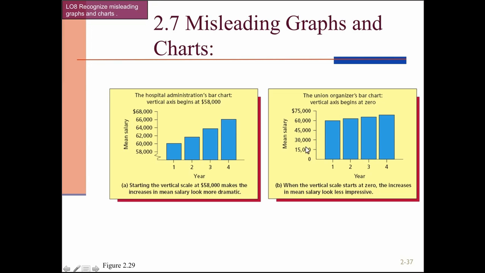So the small differences between each of those bars were augmented to give you the impression that there is an increase in salary for the administrators in this hospital, for nurses and for the staffing maybe. So this is one of the things that you really have to pay attention to.